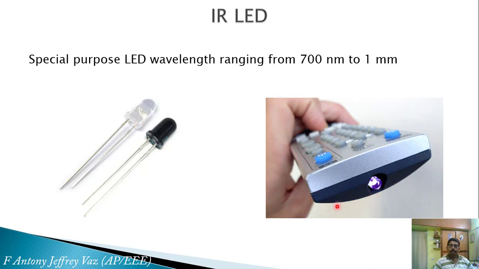These LEDs are used to transmit data to the receiver, which is the IR receiver in the TV or other device. If you press a button, the corresponding data of the button is sent. If you press the number 1 button, then the number 1 will be sent as IR rays to the receiver.